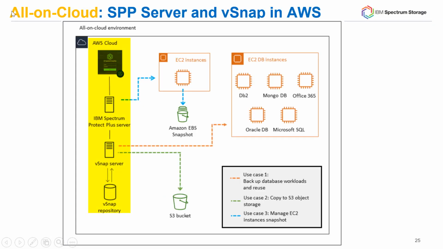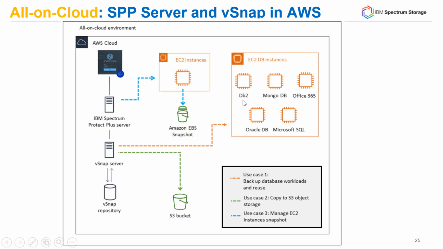If you're deploying the Spectrum Protect Plus server and Spectrum Protect Plus vSnap in AWS, the blueprint for that will now look like this. Here you will have your Spectrum Protect Plus server and the vSnap storage it utilizes inside of the AWS cloud. If you enable EC2 protection, those will be creating snapshots to the Amazon storage.